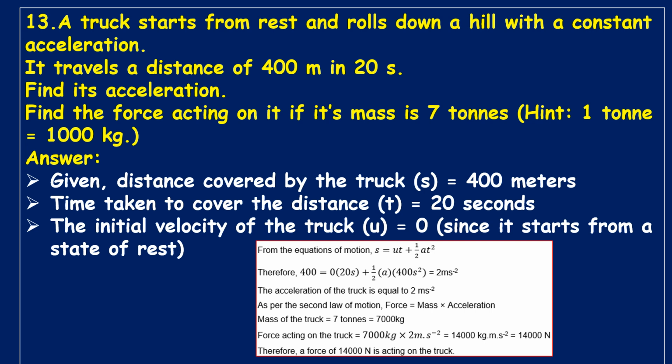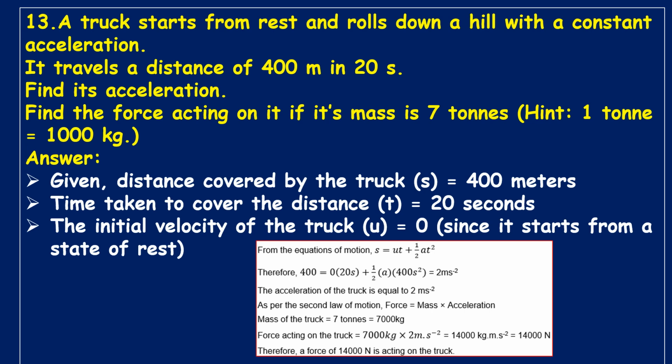If you substitute all values here, finally you will be left with 2 meters per second square. A equals 2 meters per second square. Now the acceleration of the truck is equal to 2 meters per second square.